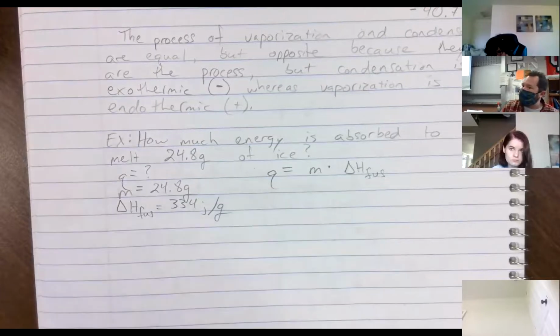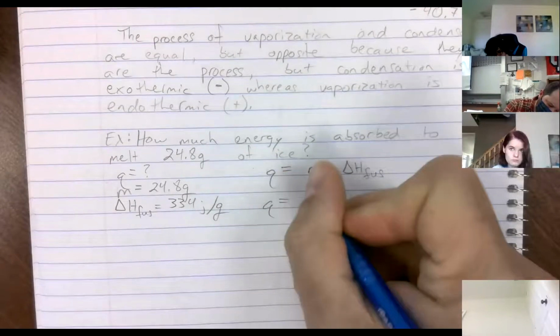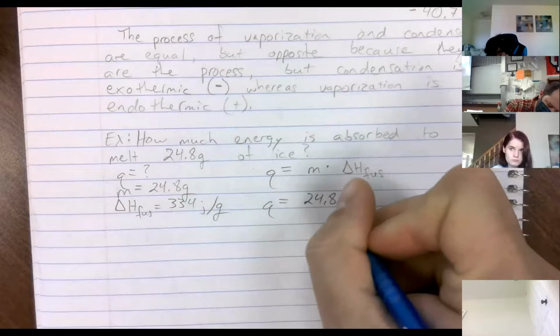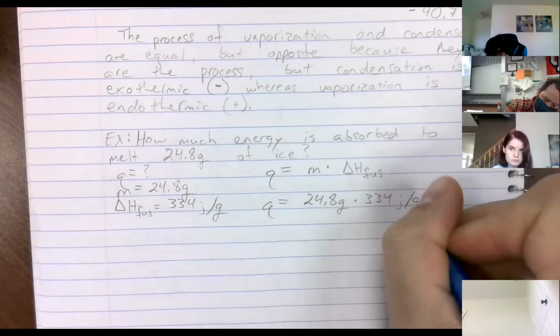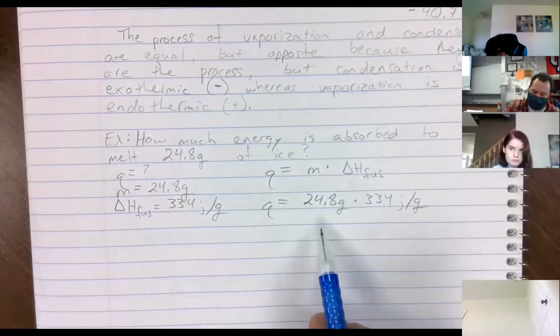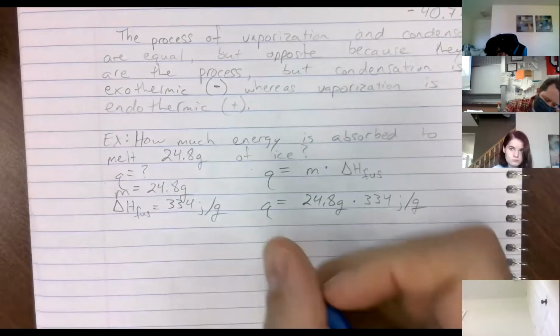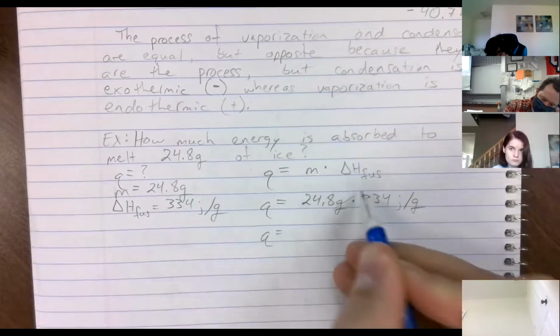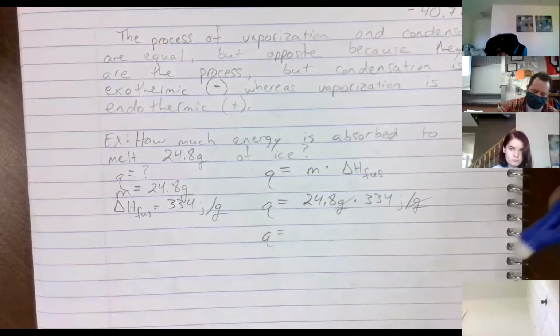It's already been isolated. I'm just ready to plug and chug. 24.8 grams times 334 joules per gram. Grams will cancel out, and I'll be left with just joules, which is my energy. That's what I'm looking for.